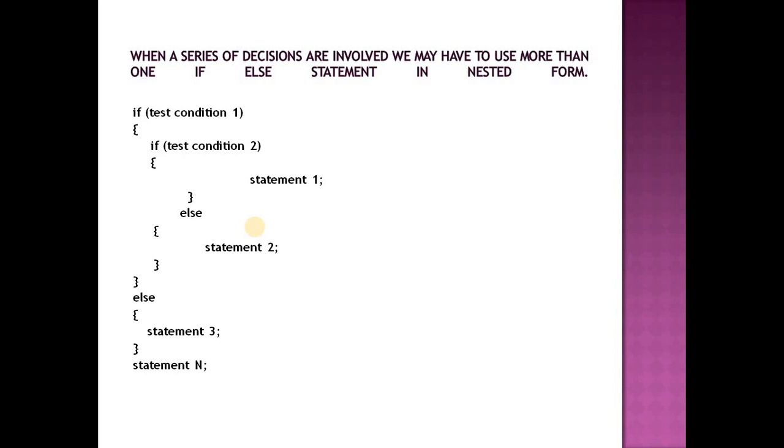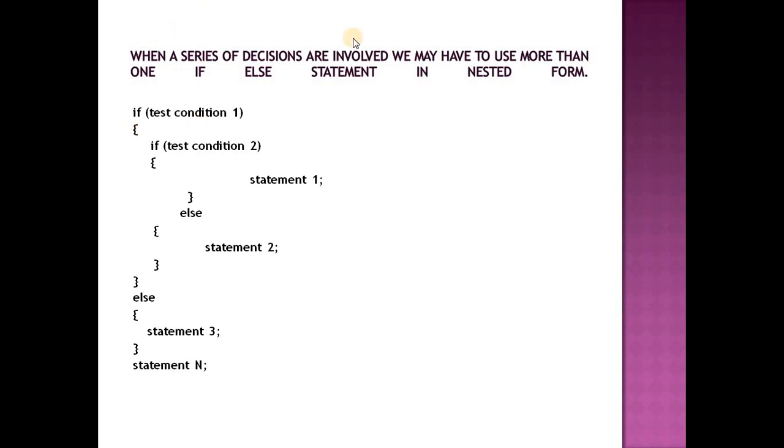This is the syntax. In this case, this is the outer if statement and this is the inner if statement. If test condition 1, if this condition is true, we will enter this curly bracket. When we enter that curly bracket, we will evaluate the second if statement.